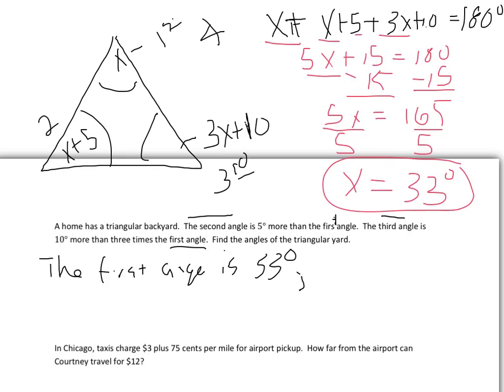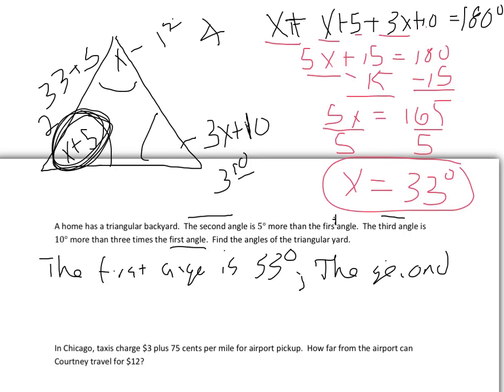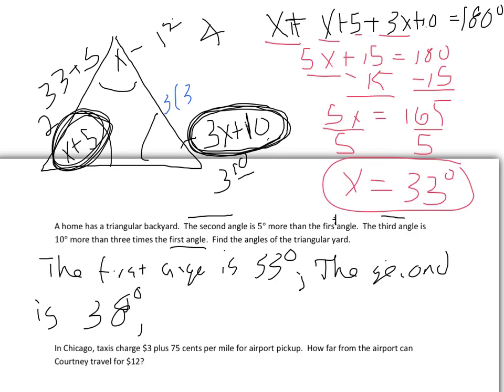Now the second angle is 5 more than the first. Well, the first is 33. 33 plus 5 is 38. So the second is 38 degrees. And then finally, to find the angle measurement of the third, notice it's 10 more than 3 times the first angle. So we can plug that in. 3 times 33 plus 10.